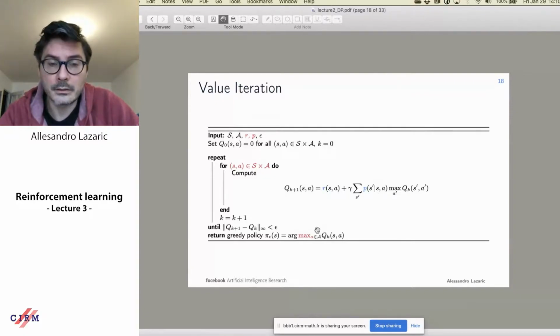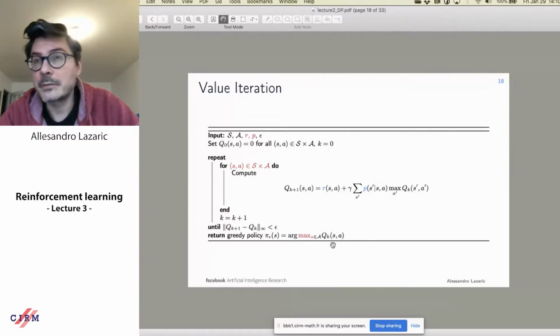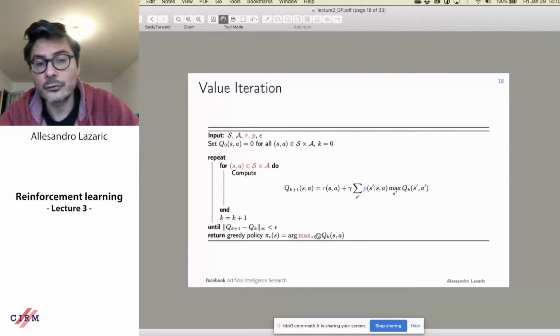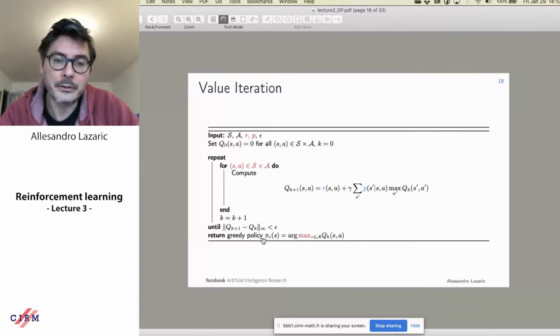And eventually, it turns out that this process will converge to the optimal value function. And then we are just exploiting the fact that the optimal policy is greedy. Remember that this operation we were calling the greedy policy with respect to this Q function. If this Q function was the optimal action value function, this would be the optimal policy.